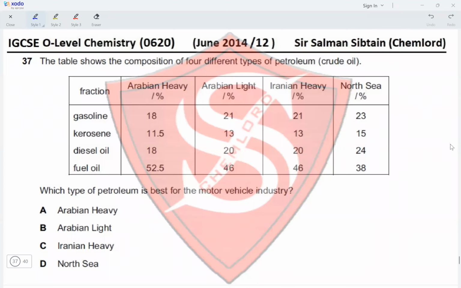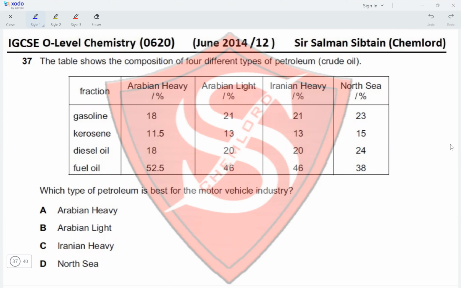Question 37. The table shows the composition of four different types of petroleum or crude oil. Which type of petroleum is best for motor vehicle industry? So motor vehicle industry requires gasoline and diesel oil, not kerosene, as its major source.